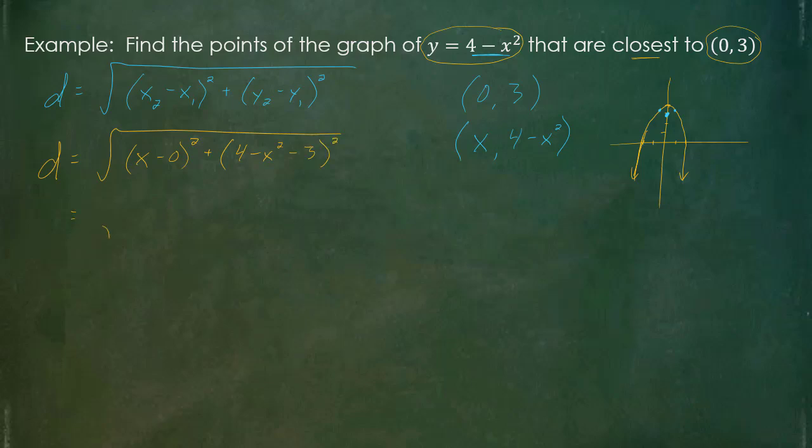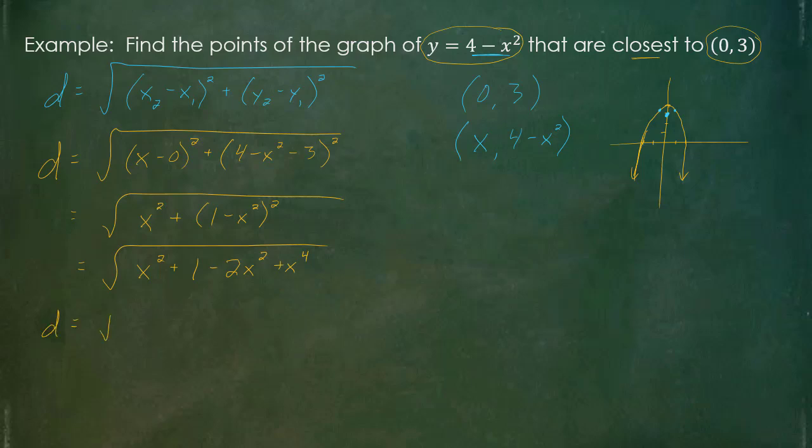So if I simplify that, x minus 0 is just x, squared would be x squared, added with, and then here if I combine 4 take away 3, that really would just be 1 minus x squared, quantity squared. So I'll probably want to expand that out because there will be a like term that can combine with the x squared. So I've got x squared plus, if I did expand this, I'd get 1 minus x squared, so that's really minus 2x squared in the middle, and then plus x to the 4th.